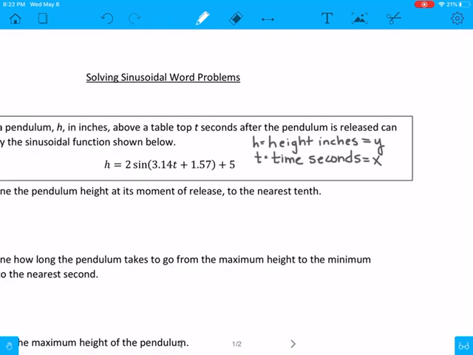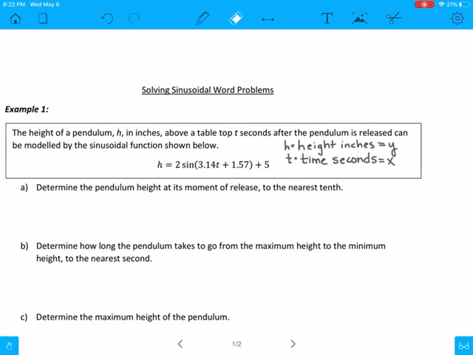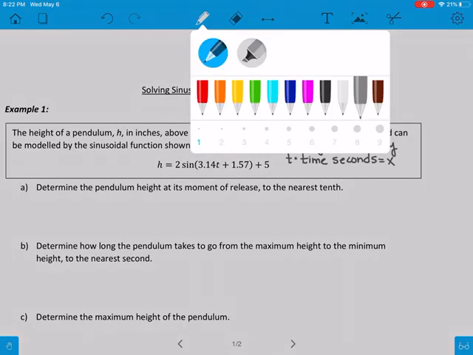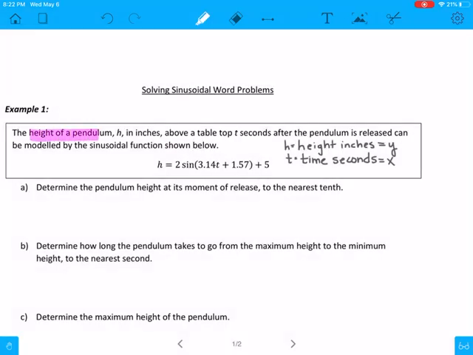So let's try this again. The height of a pendulum, h in inches, above the tabletop, t seconds after the pendulum is released, can be modeled by the sinusoidal function, this.